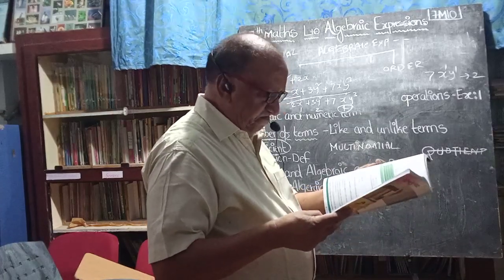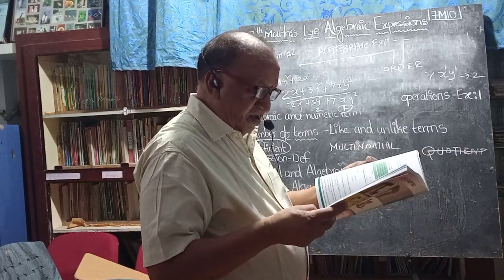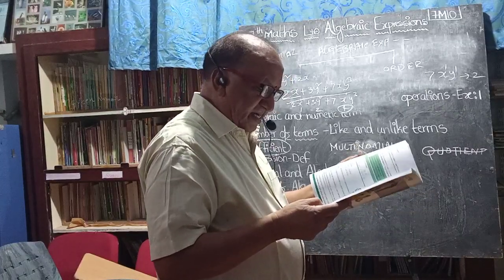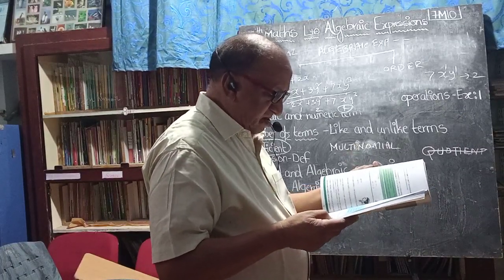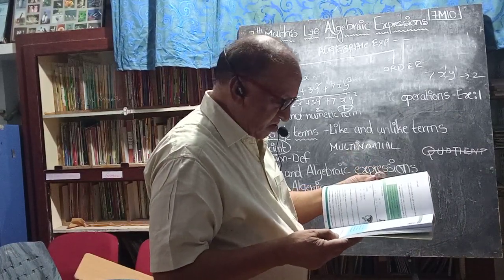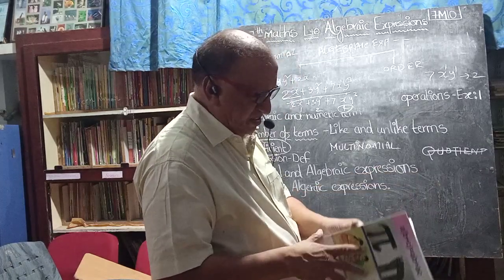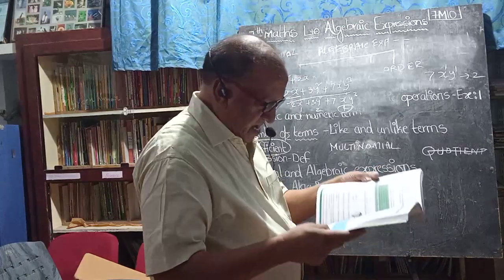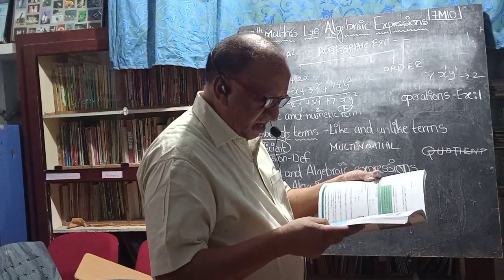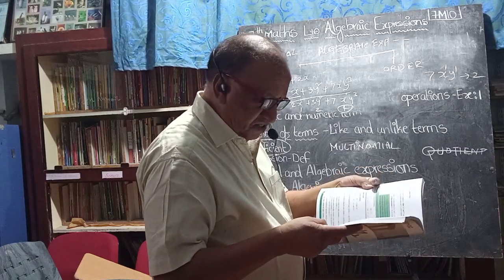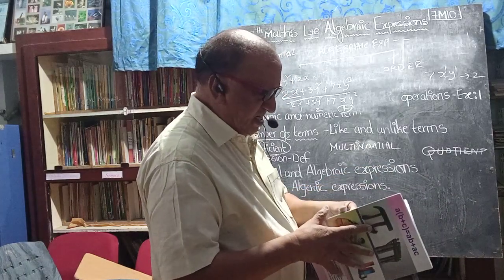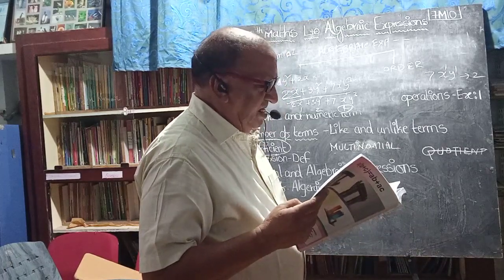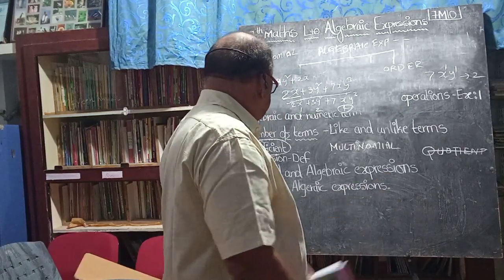An expression is a single term or a combination of terms connected by the symbol plus or minus. Okay, that's how you define an expression. An expression may have a single term or a combination of terms connected by the symbols plus and minus.